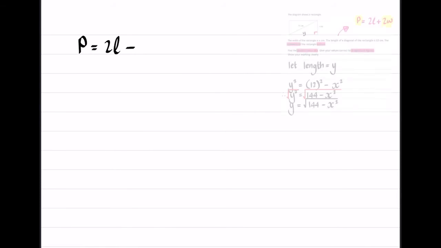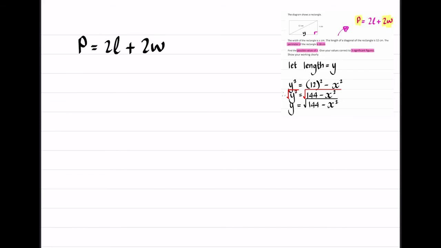So the perimeter is equal to 2 length plus 2 width. So we have 28 equal to 2 times the length, and the length is the square root of 144 minus x squared, plus 2 times the width, and the width is x.